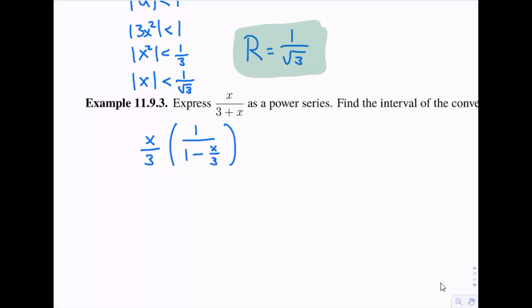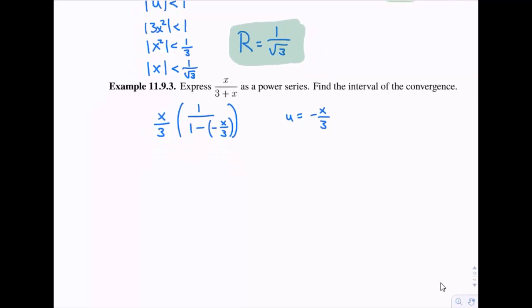So this is factoring out a 3, really. If I factor out a 3 from 3, I get 1. And if I factor out a 3 from x, I would have x over 3. Now I need a minus, but I have a plus. So I'm going to make this a negative. So this is quite a lot of work to say u should be negative x over 3.